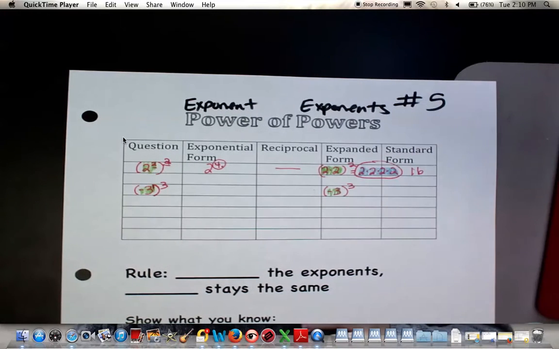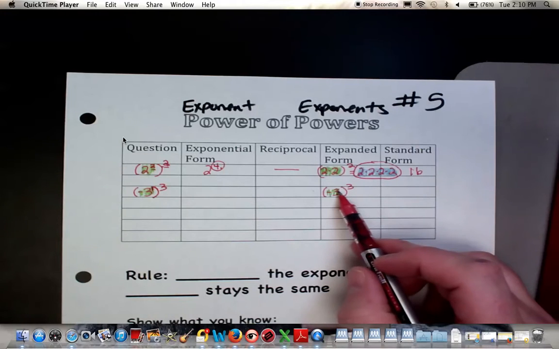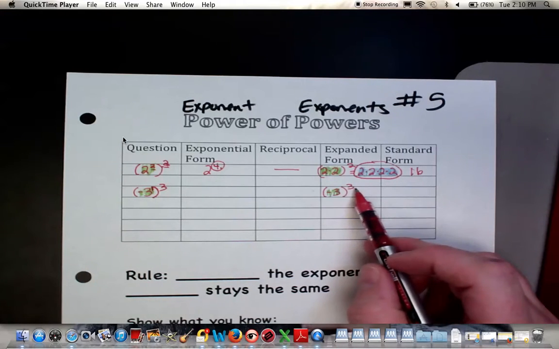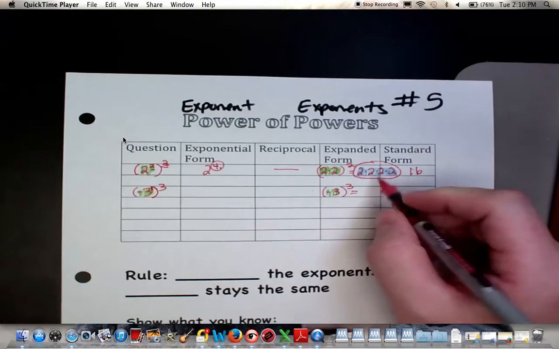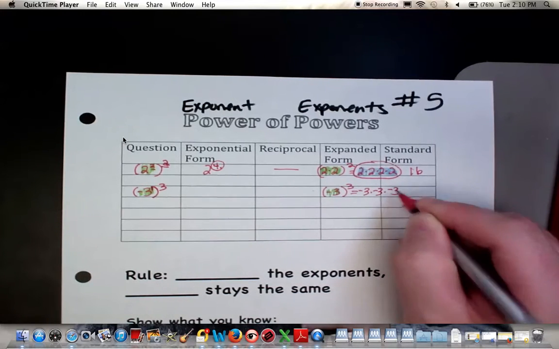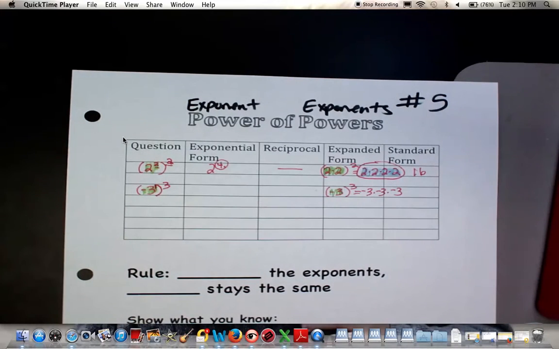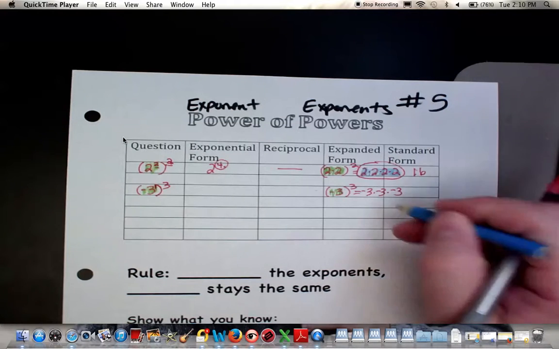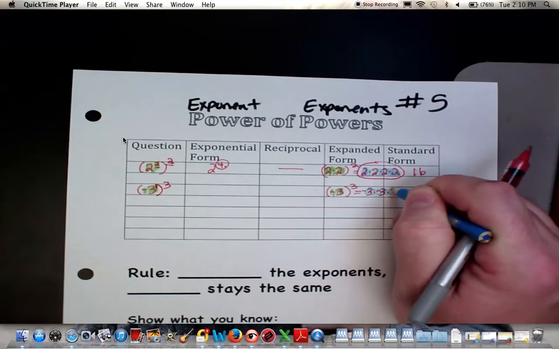Okay? Now I have this 3rd power, and it's raising the negative 3 to the 3rd power. So I just expand that out by doing negative 3 times negative 3 times negative 3. And I'm going to color that one in blue because that's my expanded form.